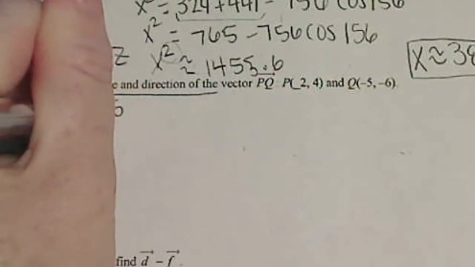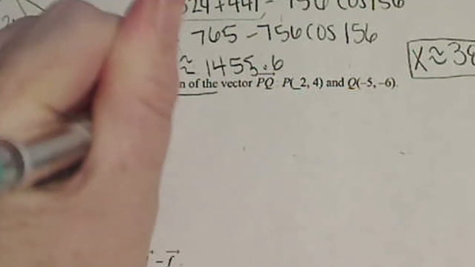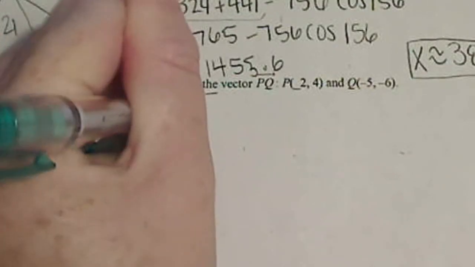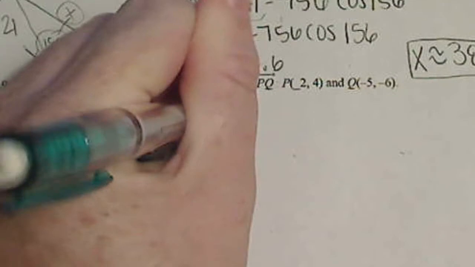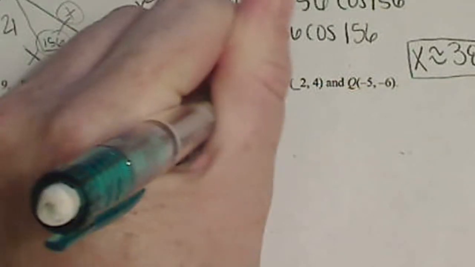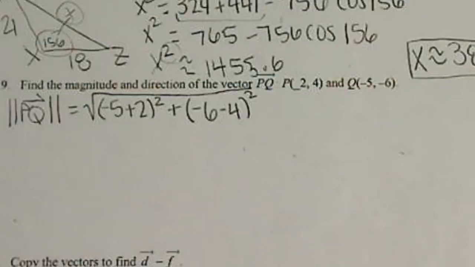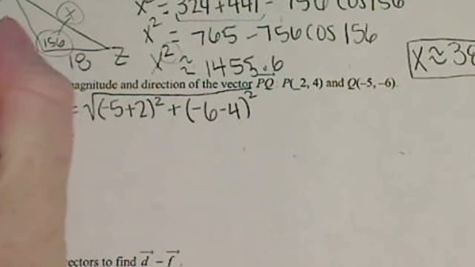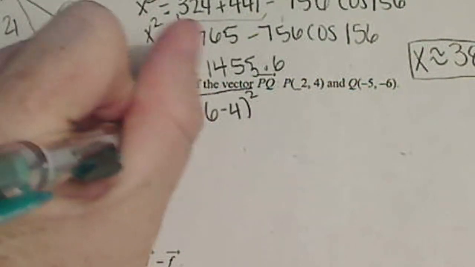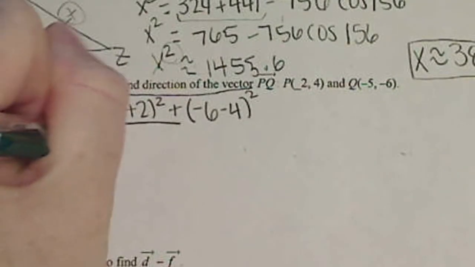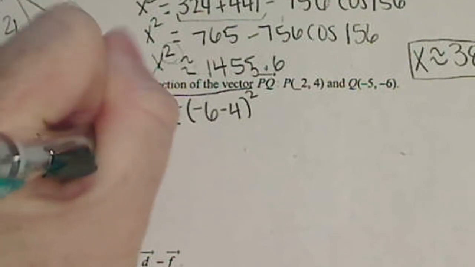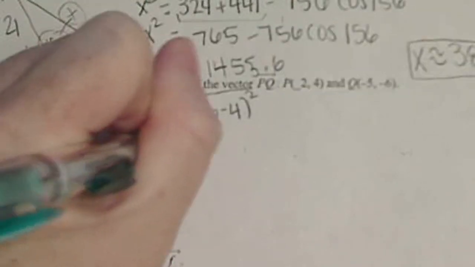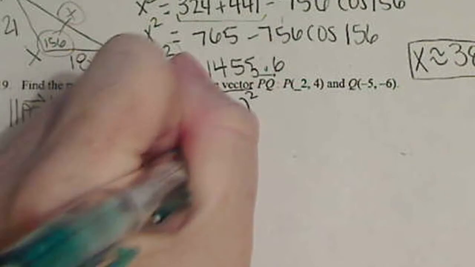So we got -5 plus 2 squared plus -6 minus 4 squared. Let's simplify that. It becomes the square root of -3 squared, which is 9, plus -10 squared, which is 100.